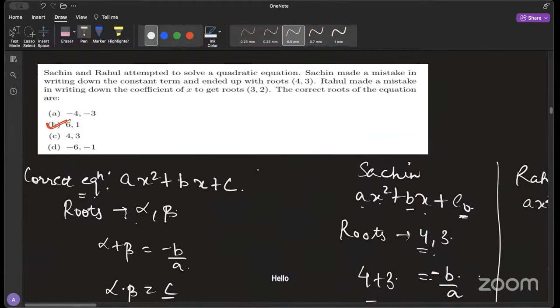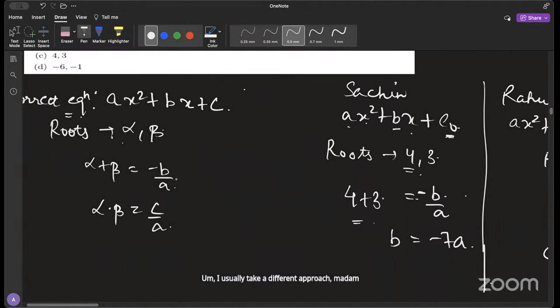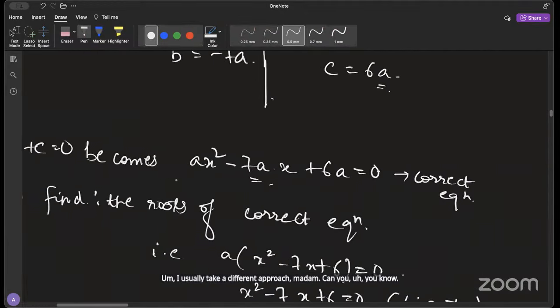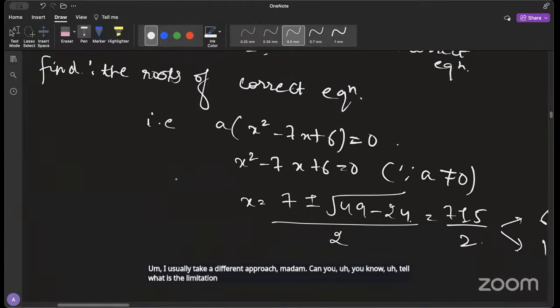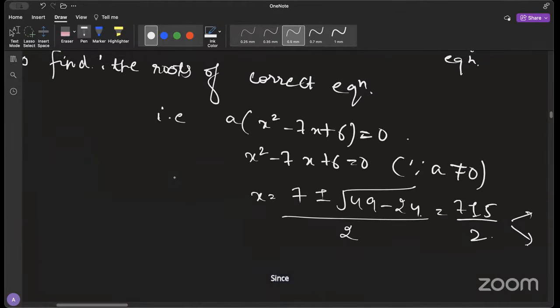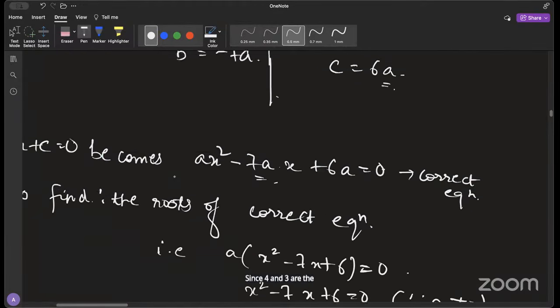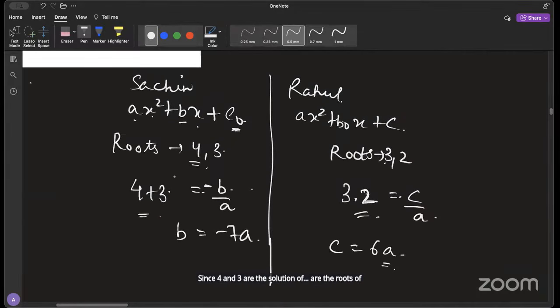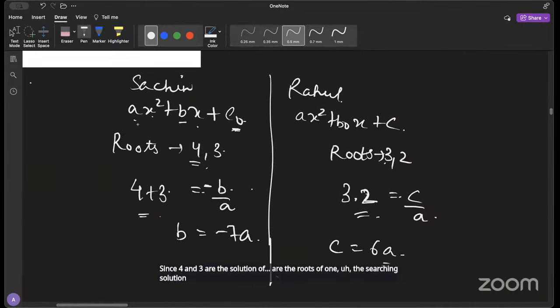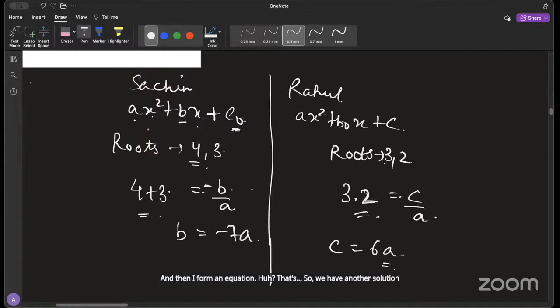Hello, ma'am. I usually take a different approach, madam. Can you tell me what the limitation of that approach is? Since 4 and 3 are the roots of Sachin's solution, what I do is, x minus 3 would be a factor, and similarly x minus 4 would be a factor, and then I form an equation.